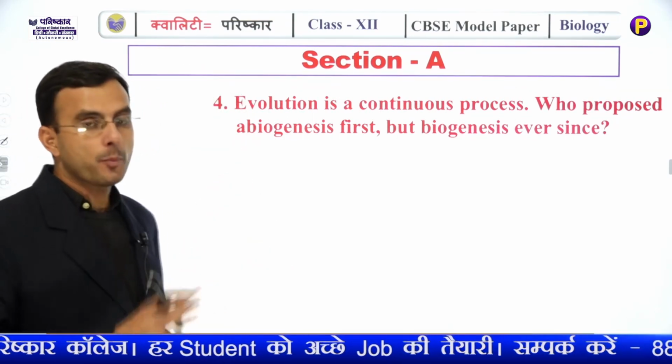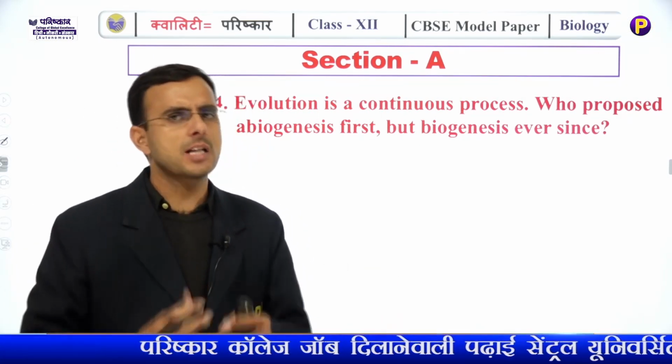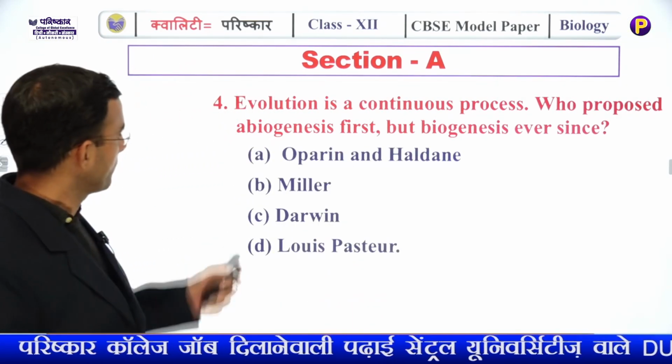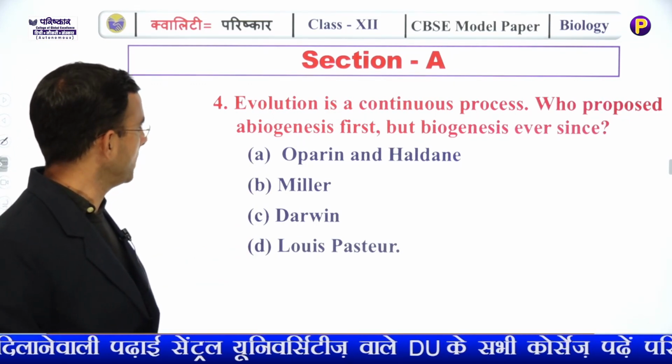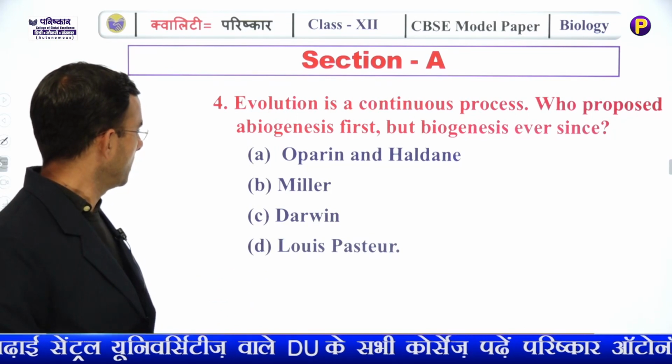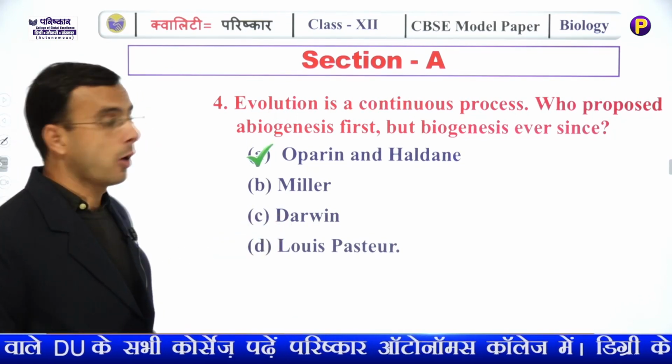So who proposed this mechanism? How did that take place? How are these cells organized? Look at this one. Who proposed this? The first is Oparin Haldane, B is Miller, C is Darwin, and D is Louis Pasteur. So the correct option is Oparin Haldane.